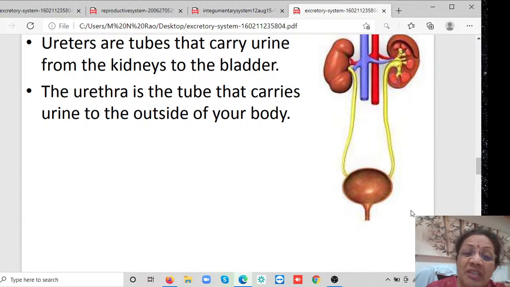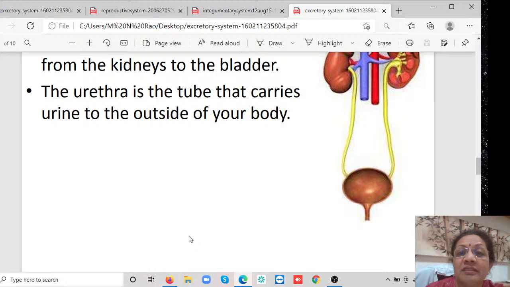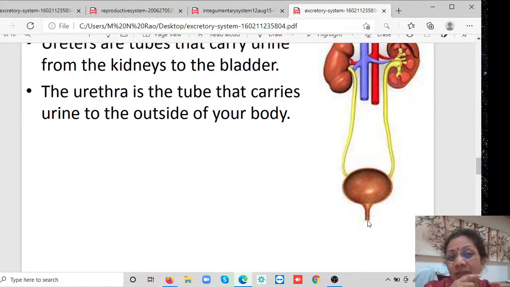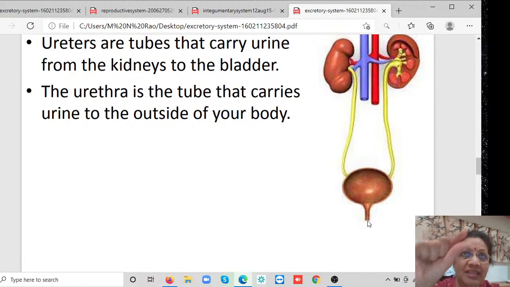Now, coming to the urethra in the male, we said it is surrounded at its neck of the bladder by an organ called the prostate. It is much longer because it enters into another organ called the penis and undergoes the length and the curvatures of the penis to exit outside several centimeters later, almost 10 centimeters later.